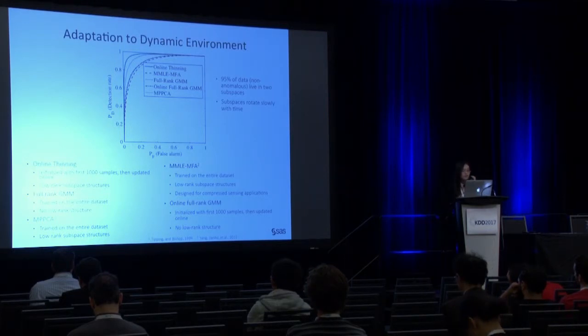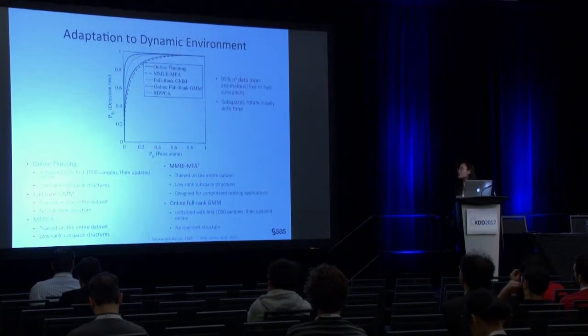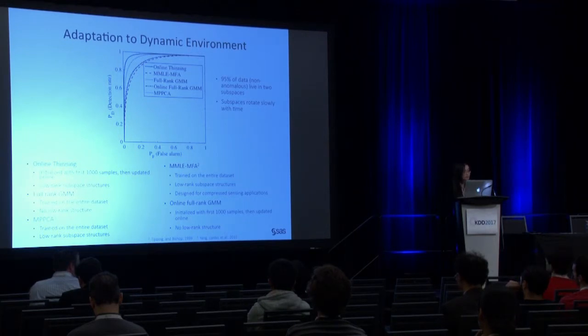And two others, MPPCA and MMLE-MFA, both are low-rank models. So they use the low-rank covariance matrix, but they're not online. So you can see here the online thinning, because it's both online and uses the low-rank assumptions, actually outperforms all the other four algorithms.